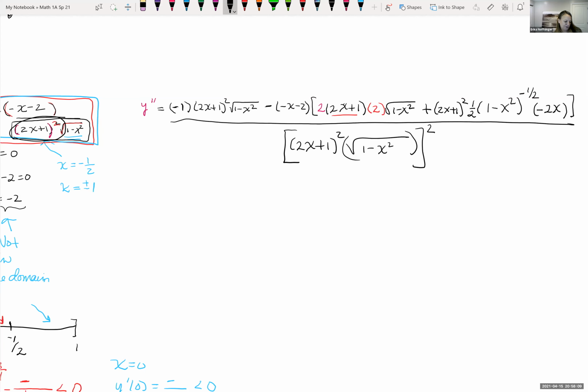Okay. Now I have to look at when this numerator is equal to 0, where it's undefined. We already know where it's undefined. Looking at when this numerator is equal to 0.